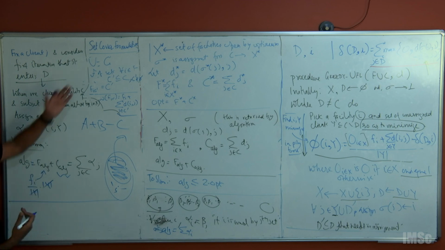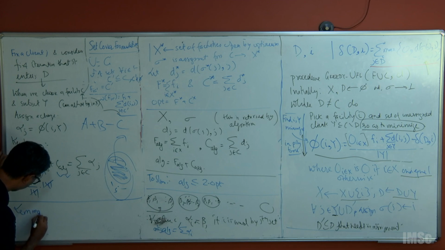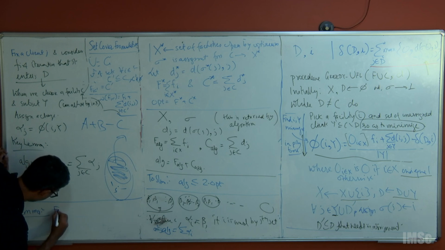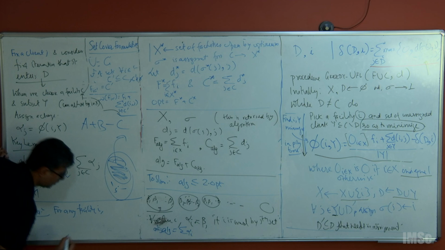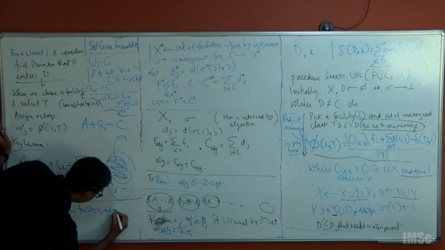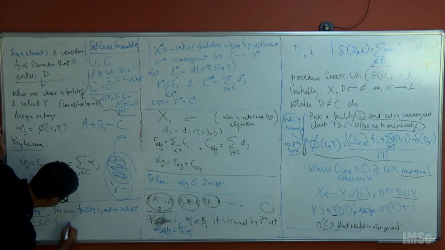So what are my sets here? My sets are some f i c. So I have the following key lemma, which says the following: for any facility i, and any subset Z, subset of C of clients.